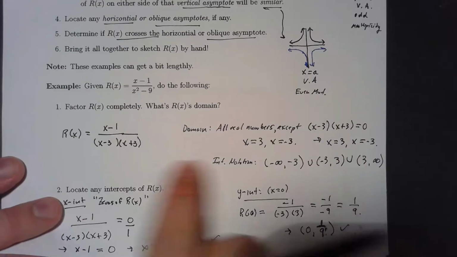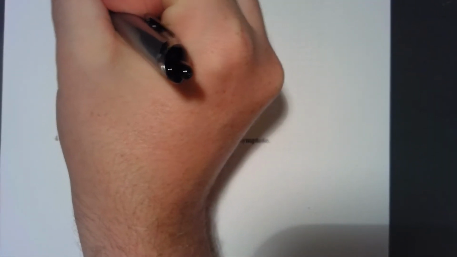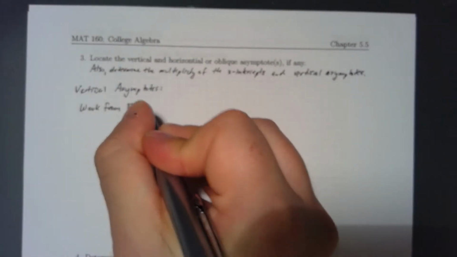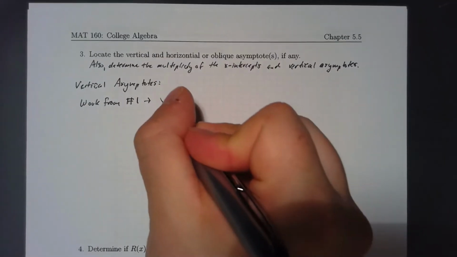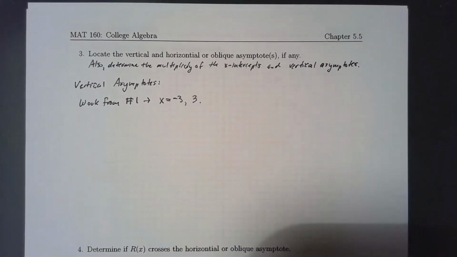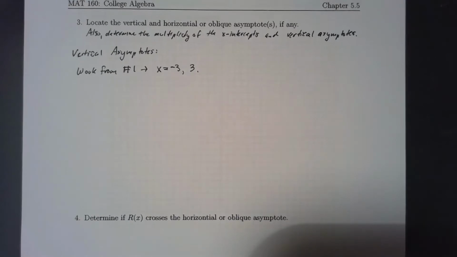That's just work from number 1. So the vertical asymptotes are the values x equals -3 and x equals +3. Those are my vertical asymptotes.